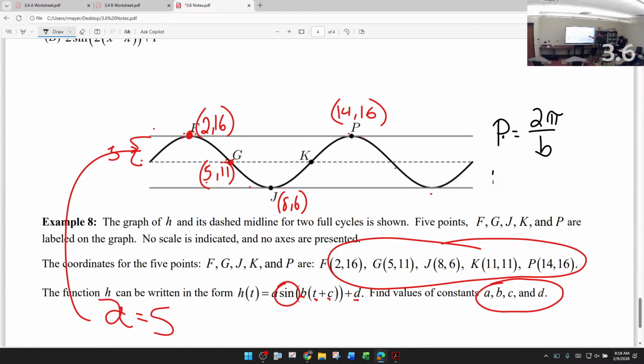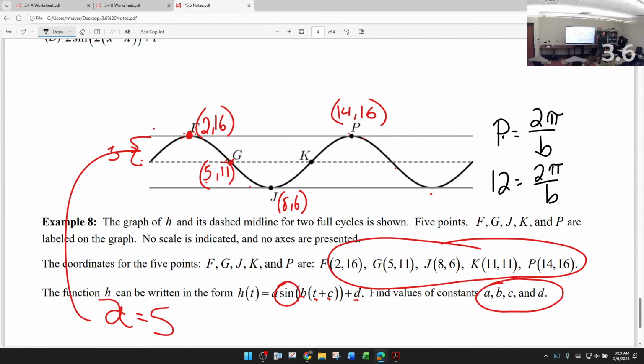And so if the period is 12, switch the B and the 12. Pi over 6. Is that what you said? No, it's not. Okay. Y'all good?